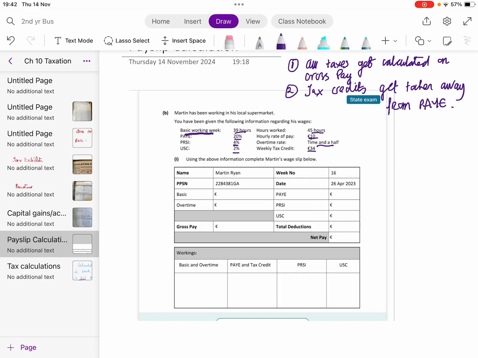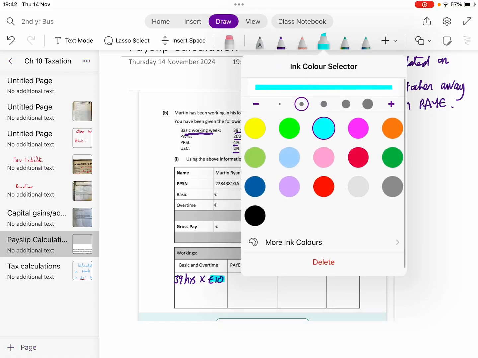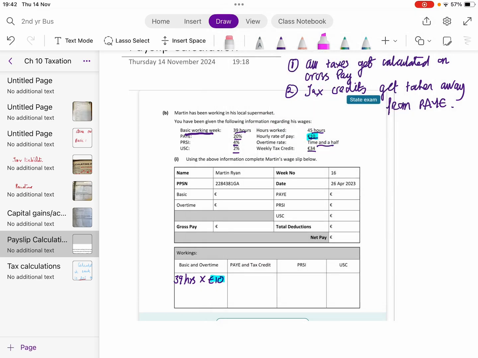So let's start and do our basic. So my basic working week, I did 39 hours multiplied by my hourly rate of pay, which is €10. Okay, so I'm just going to highlight here my €10 matches my €10 down there, and my basic working week of 39 hours is my 39 hours down here.